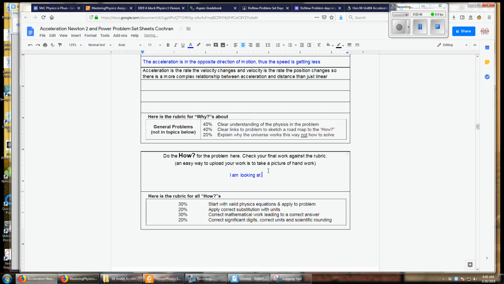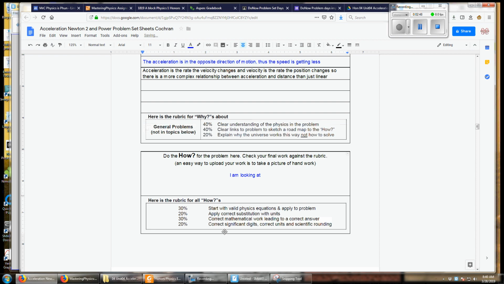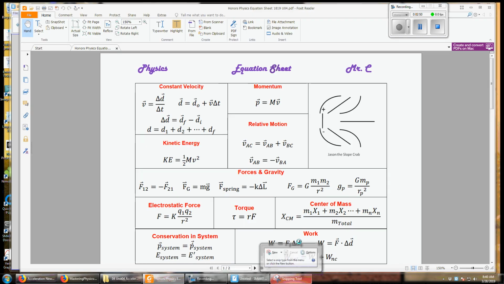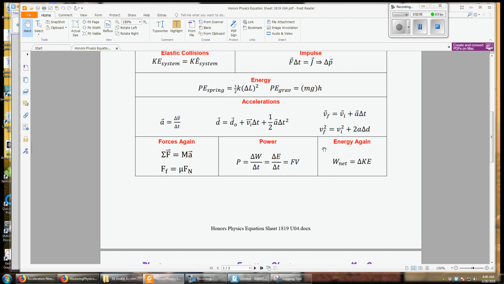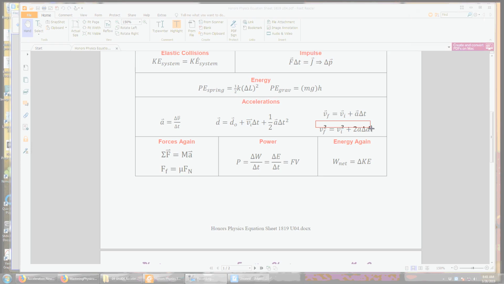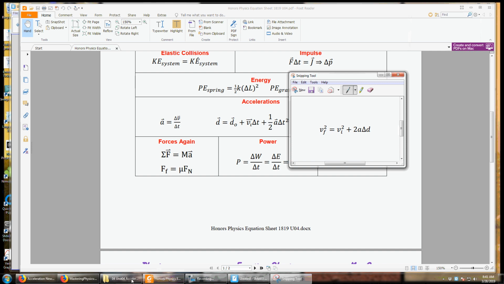I'm thinking right away, because I have acceleration and I have distance as my only two concerns, I don't really care about time. So I'm looking at the relation, too many layers. I'm thinking about this relationship here.